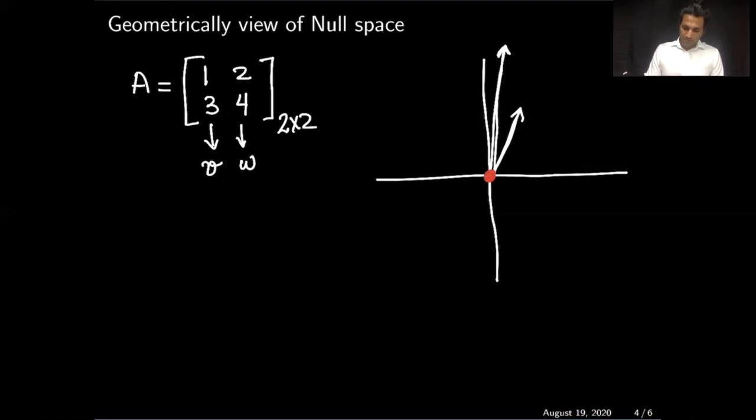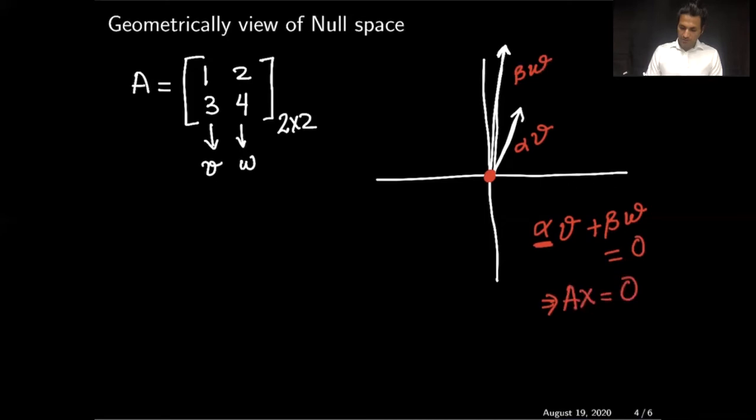So what alpha should you choose to multiply the v vector, so alpha v, and then multiply some beta with the w vector, and then add them, and get a 0 vector? Because this is what we mean when we say Ax is equal to 0: for what values of x is this linear combination 0?